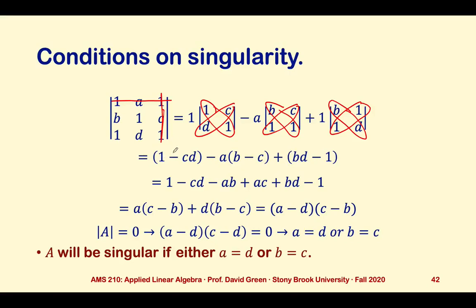We first of all expand out all of the terms from the various parentheses: 1 minus CD minus AB, minus A times negative C plus AC plus BD minus 1. And we notice that the 1 and the minus 1 disappear.